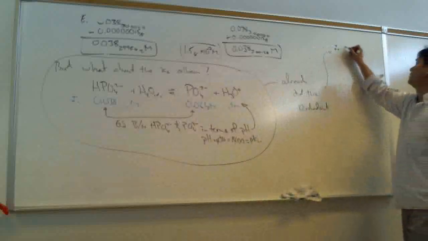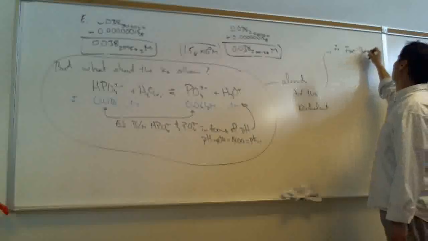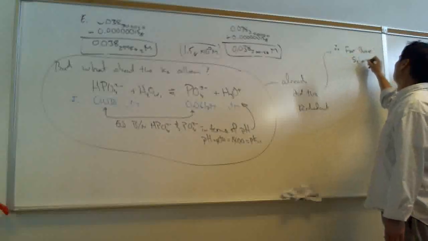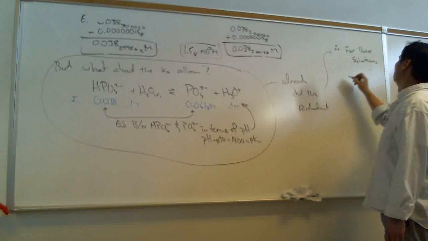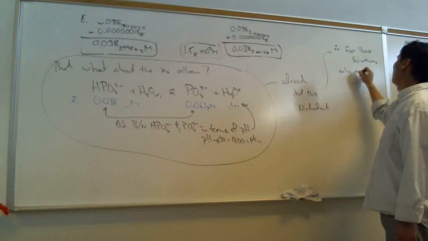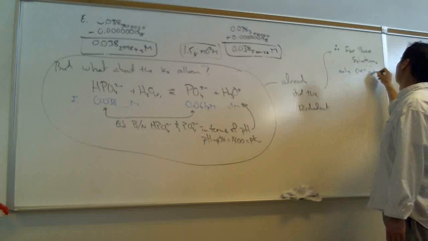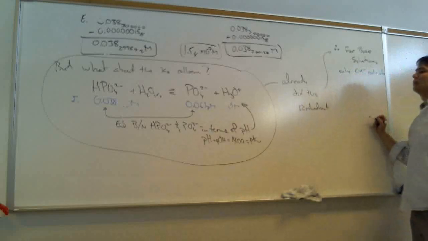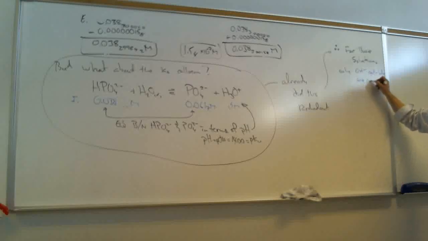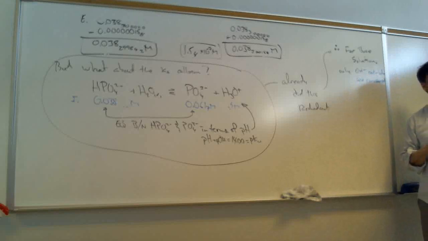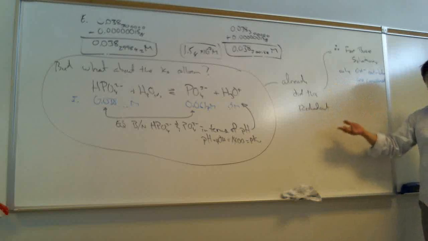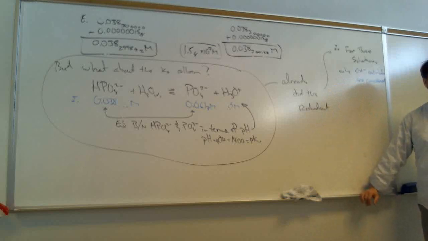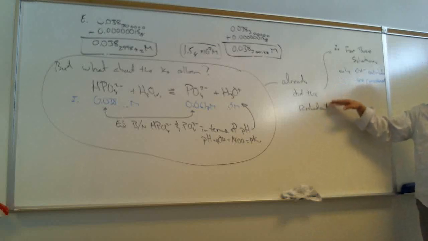And so for base solutions, only hydroxide contributors are considered, because hydroxide and hydronium are tied together. And so for base solutions, we only look at the Kb. This is a base solution. Phosphate's a tribasic base. And therefore, we're only going to be looking at Kbs.